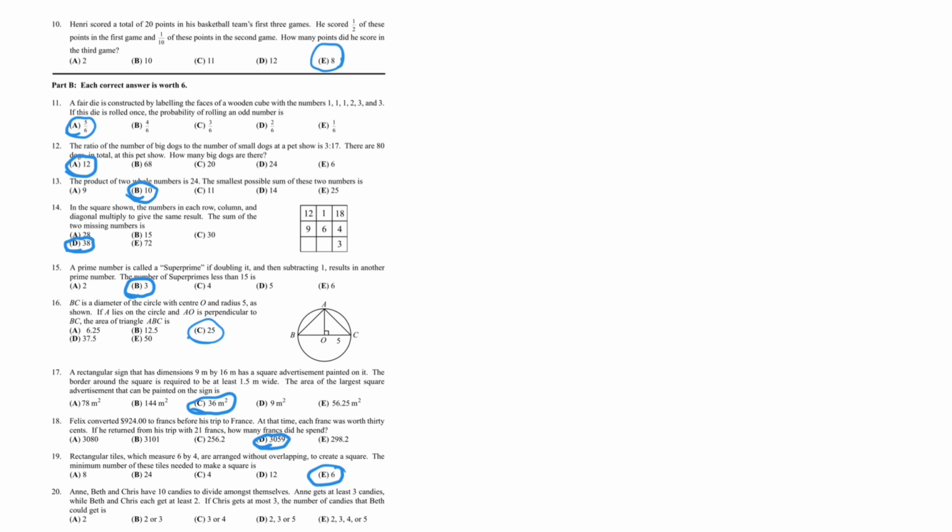Number 20. Anne, Beth, and Chris have 10 candies to divide amongst themselves. Anne gets at least 3 candies, while Beth and Chris each get at least 2. If Chris gets at most 3, the number of candies that Beth could get is? A plus B plus C total equals 10.